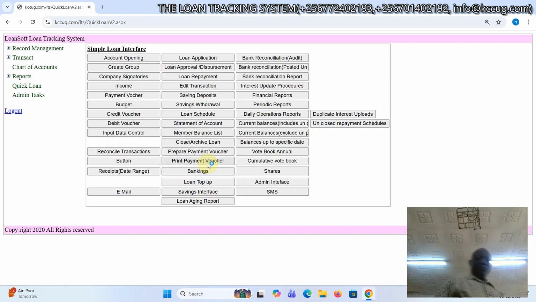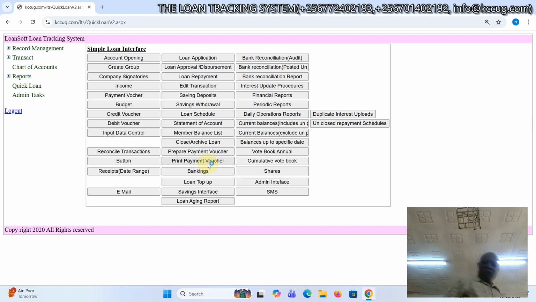So today we are going to proceed with the loan schedule, because after posting that loan schedule, okay, you are supposed to clear it, prepare it for the next month.